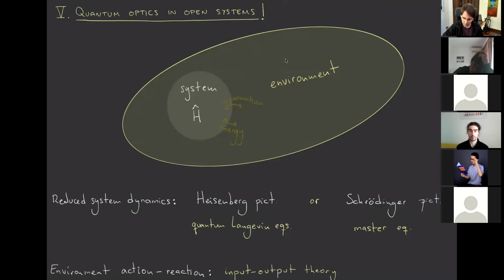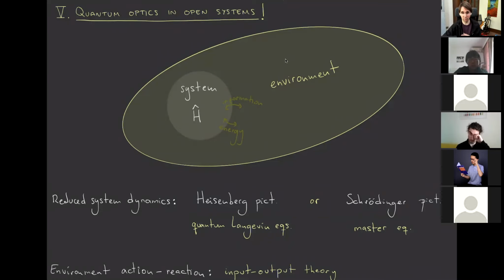So, before I start with the example and show you exactly how to build quantum Langevin equations and master equations and what type of dynamics they lead to, let me mention that these tools of system and environments are used in basically all the fields of physics that require quantum mechanics and dealing with real physical systems.